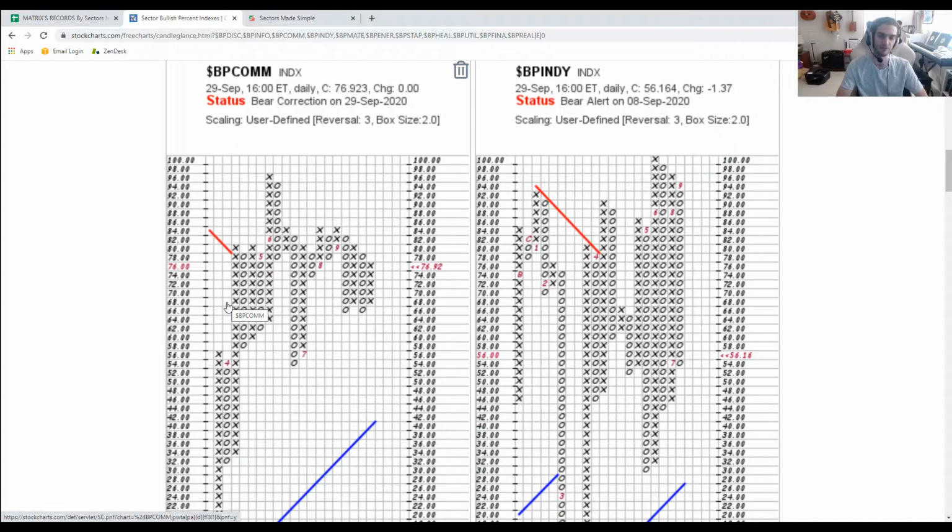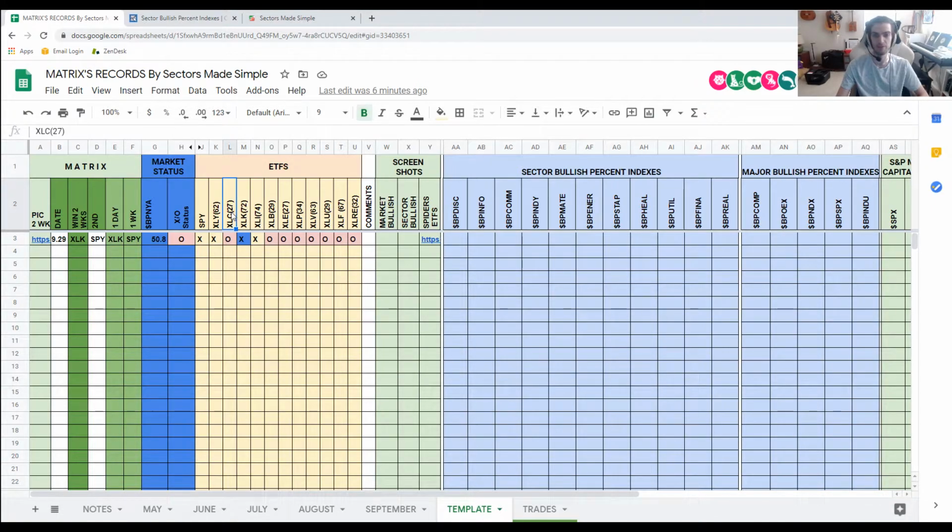Because many of these sectors don't have 50 plus companies, it's very hard to put a lot of weight on the bullish percent for 27 companies, let's say. So for the matrix and for the bullish percents that we have on the dashboard, we don't just use the S&P 500. We don't just use the 27 companies in the communications sector. We use the entire New York Stock Exchange when we compare our bullish percents.